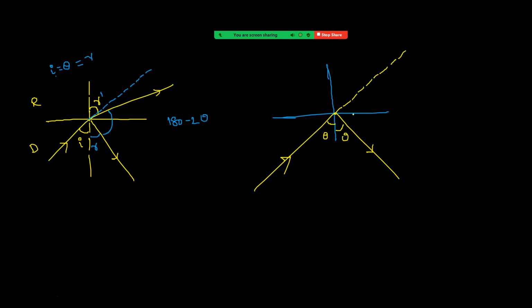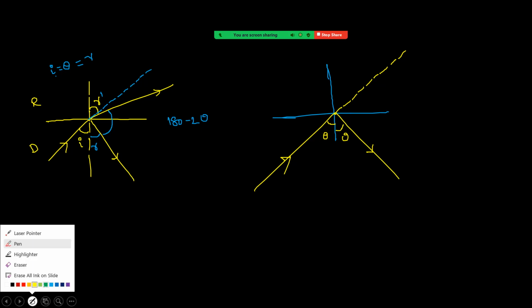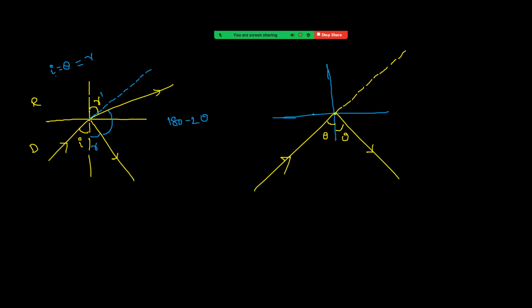So the remaining angle is how much? 180 minus 2 theta. And if you observe the refracted ray, it is now like this. So this total value is 180 minus 2 theta. Since it is now non-zero, this remaining angle will definitely be less than 180 minus 2 theta.